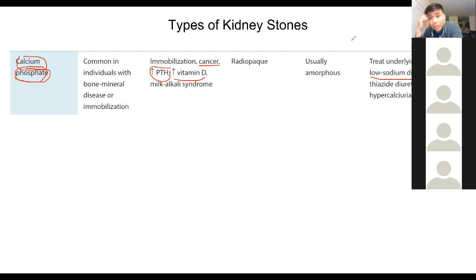How does a low sodium diet help? Okay, so the calcium stones. How does lowering the amount of sodium that you eat help with the calcium? So tell me, in the kidney, how does the kidney reabsorb sodium or calcium?